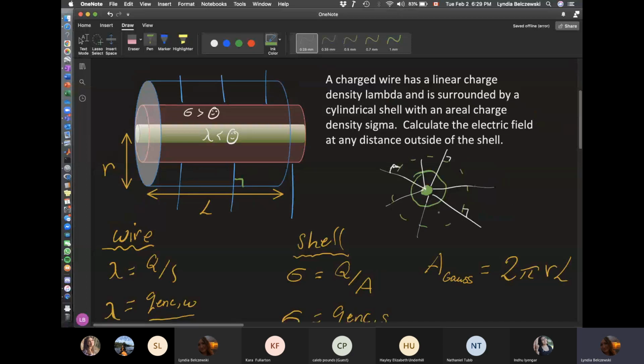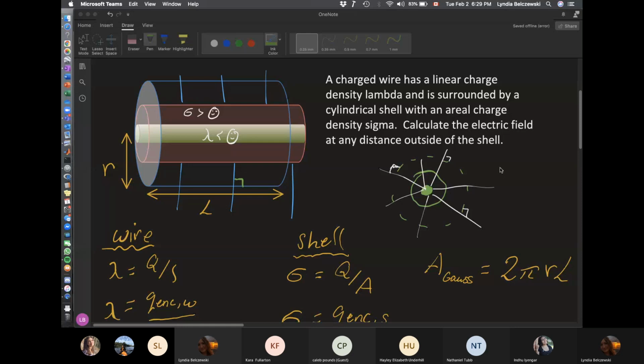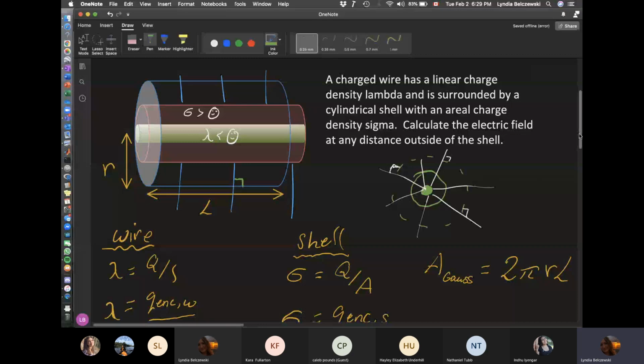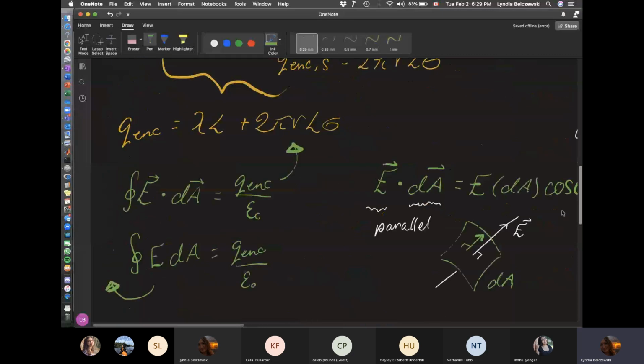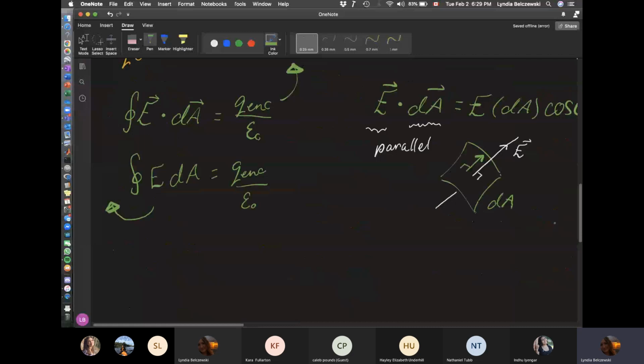They'll always cross at the same distance. And so the electric field strength will be constant in this area of the Gaussian surface. So that all checks out, which means that we can write this electric field outside of the integral.